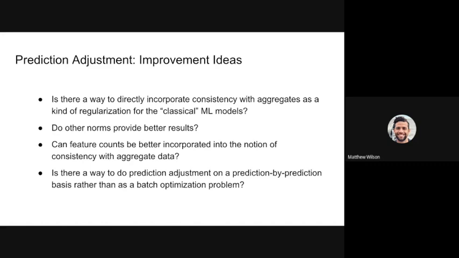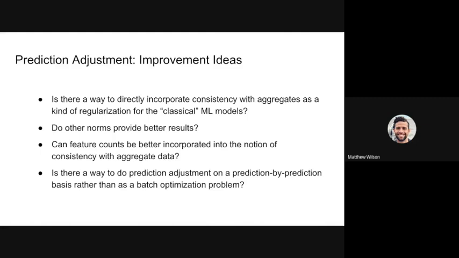Another question we had was, can counts be better incorporated into the notion of consistency with the aggregate data? So you might weight certain components of one of these resulting vectors higher if the count is higher or something like that. I think there might be something possible there.